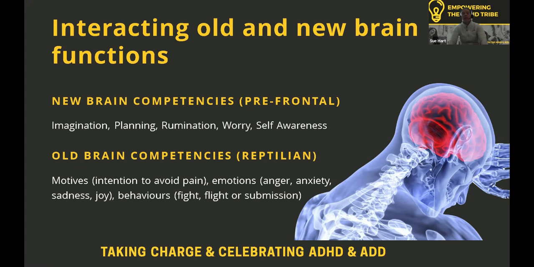It's all about survival. It's our motive to avoid pain. It's the emotions, the anger, the anxiety, the sadness, the joy, and it's the behaviors. There's this fight, flight, or submission.